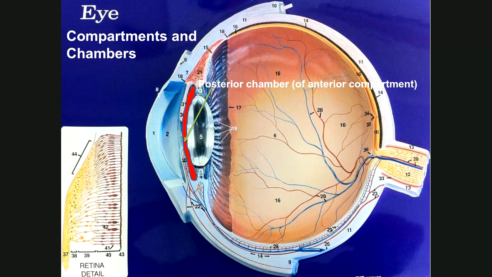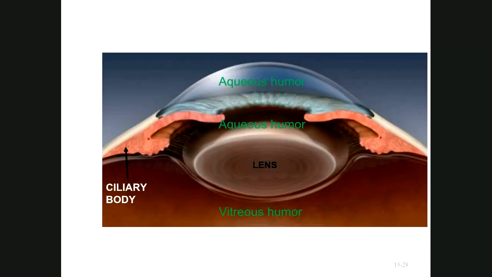Does it make sense to everyone? So here's that structure that makes the aqueous humor. Again, we're going to talk about it more in a minute, but it's called the ciliary body. And then here's where the fluid goes. It goes in here, and it nourishes the front of the lens. It nourishes the back of this tissue here. And then it goes through the pupil.